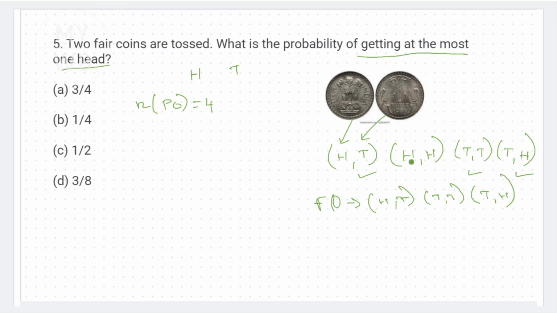Now in this particular outcome there are two heads, so this is not favorable to us. Number of favorable outcomes is 3. Hence probability of the event is 3 by 4. So answer is option A.